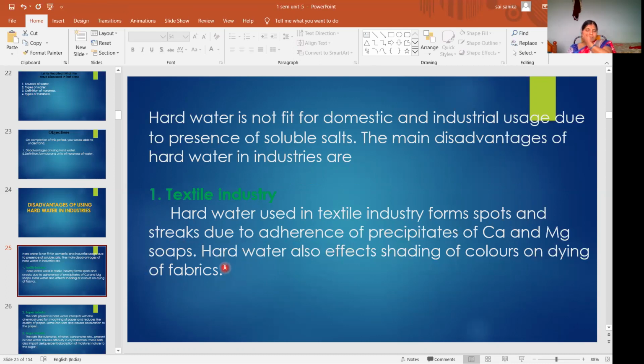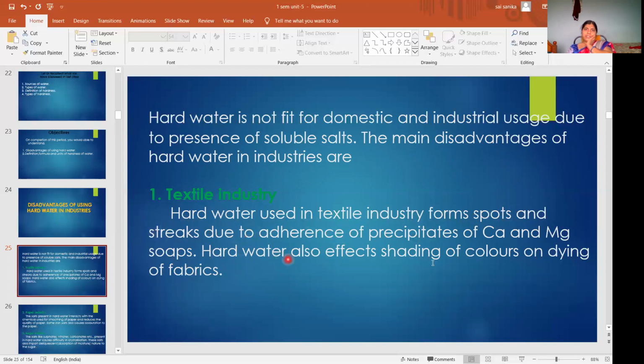When you use hard water in the textile industry, whatever salts are present in hard water will stick, adhere to the cloth, and form spots and streaks: small dots and linings will be formed on the cloth.